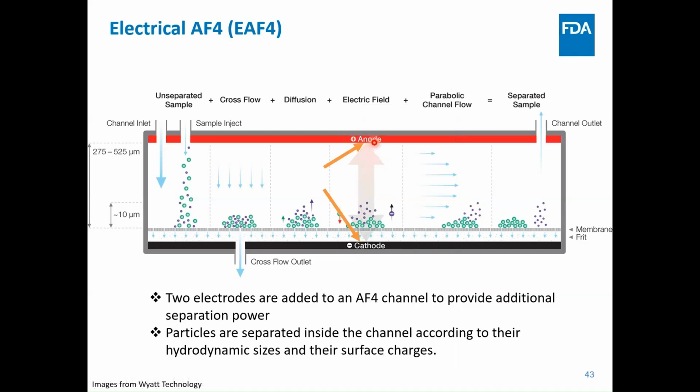They add two electrodes to the channel. So in electrical AF4, in addition to the liquid flow generating the separation field, we have an electric field. So the particle separation here is based not only on hydrodynamic size, but also on their surface charge difference.